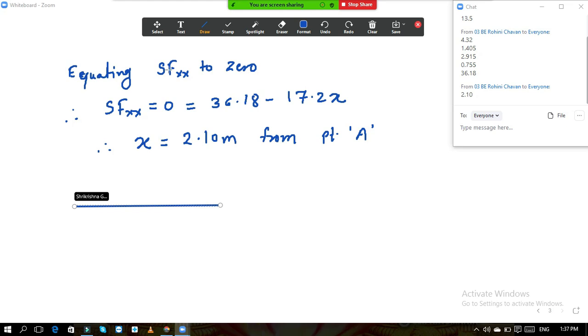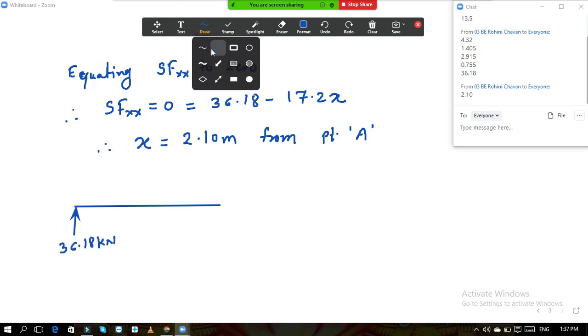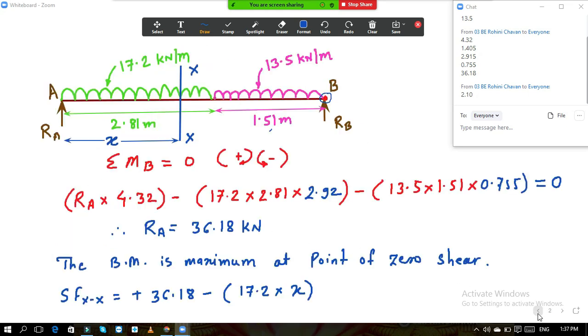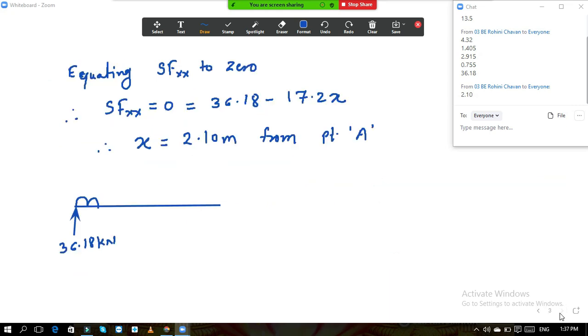So this is the line. Here support is there. This is your RA. The value of RA is 36.18 kilonewton. Here is your UDL, 2.81 meter. Here is the UDL, and this UDL is 17.2 kilonewton per meter, and this is 2.10 meter.